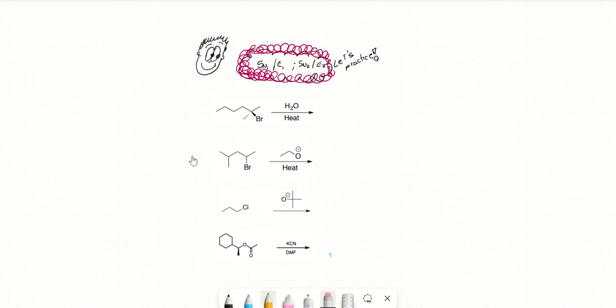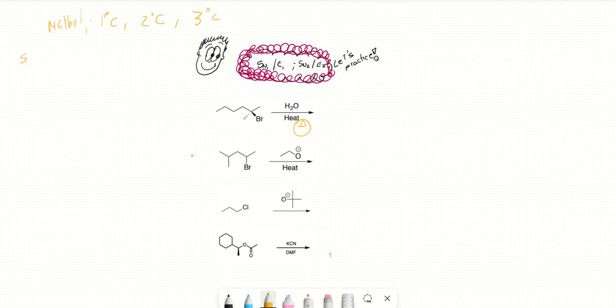Remember that I said during class, and you saw in the videos and also in the book, that heat will always favor eliminations, right? And for the carbon, we have methyl, primary, secondary, or tertiary carbon.